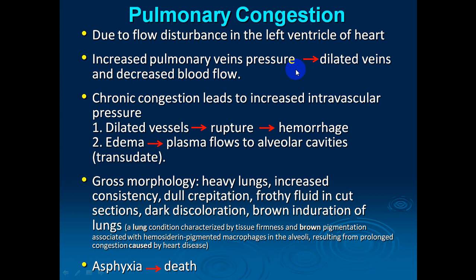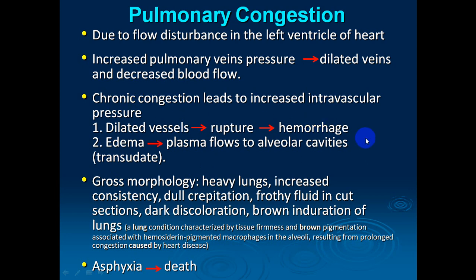Okay, these dilated veins will also increase hydrostatic pressure that may prevent the movement of blood from the lung to the heart. So retained fluid in the lung causes congestion in the lung. We call it pulmonary congestion.